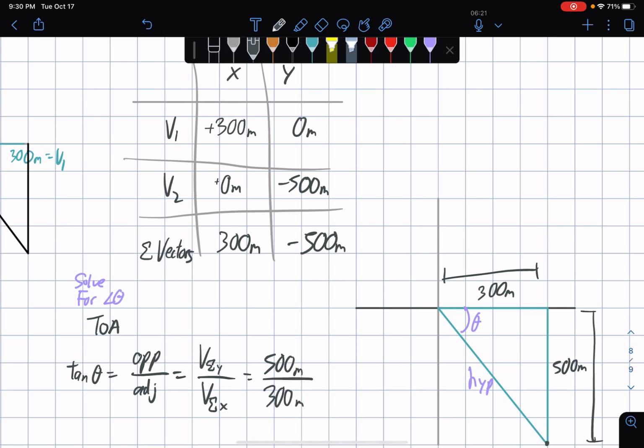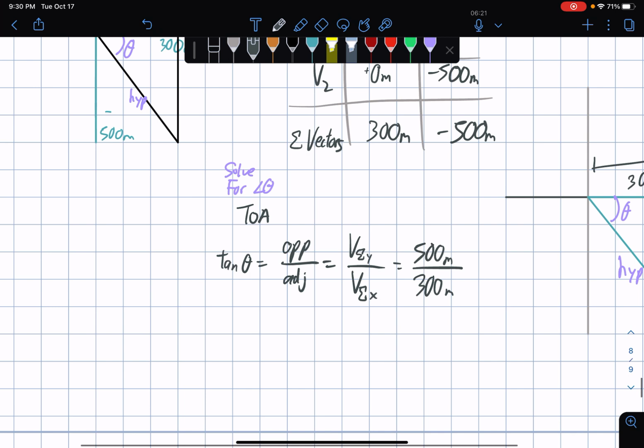You could just simply write the number, pero just to make sure that sir doesn't see that we made a mistake, kasi we wrote an incomplete solution. So, yeah, 500 over 300. Cancel the meter unit. So, basically 5 over 3.